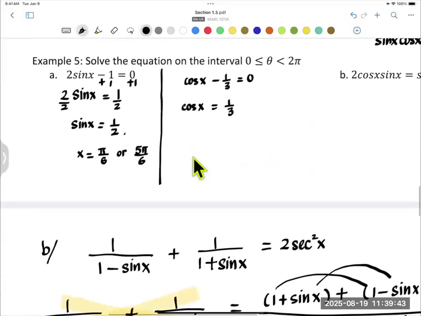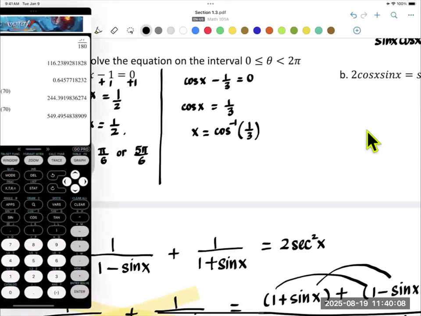So how do we find the angle? How do we know which angle will give you the cosine of 1/3? At this time, if the value is not on the unit circle, we will have to take the inverse and use the calculator to find that. So x will be the cosine inverse of 1/3, because an inverse trigonometric function gives an angle.